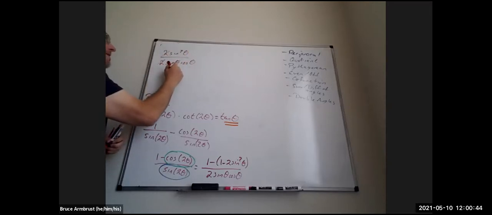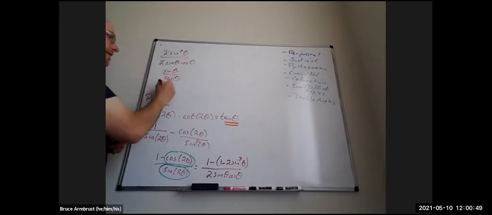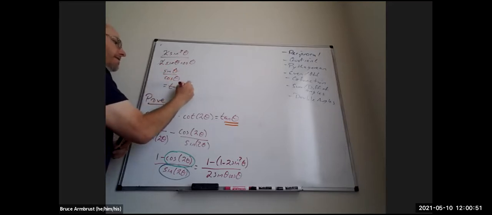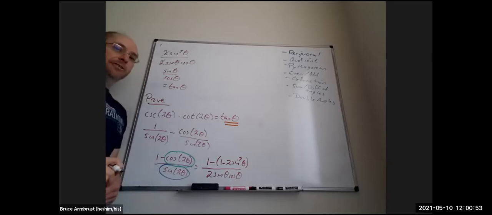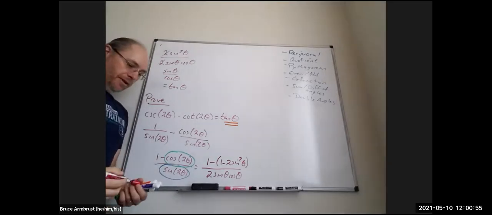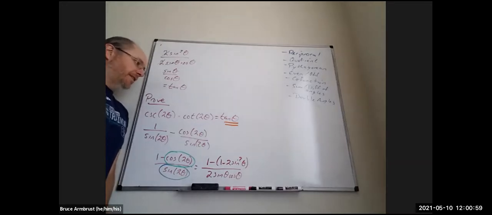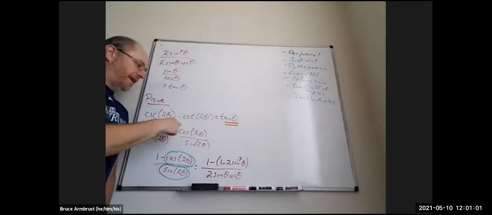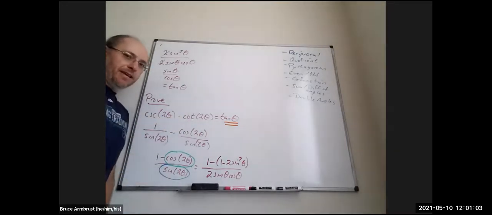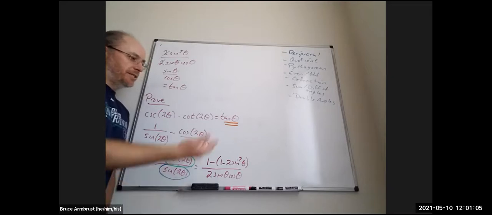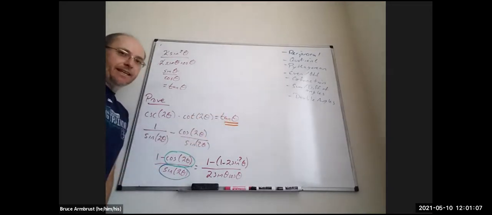And I'm left with sine theta over cosine theta, which is our tangent. So we just proved that this identity is true. If you take the cosecant of 2 theta and subtract the cotangent of 2 theta, you actually just get plain old tangent of theta.